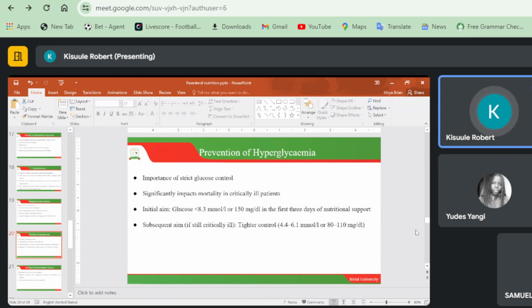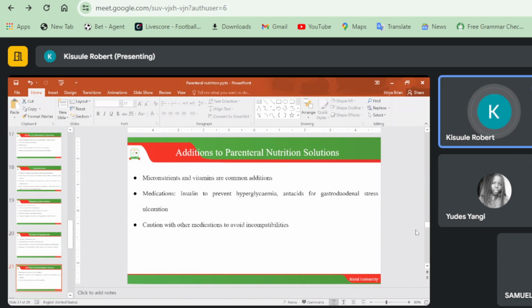That is the amount of glucose we are supposed to give. Most of these won't come into your assessments, but they are really essential to know. Subsequent aim, if critically ill, we are looking at 4.4 to 6.1 millimoles, or that's 80 to 110 milligrams per deciliter.